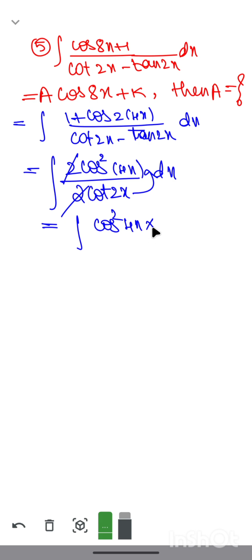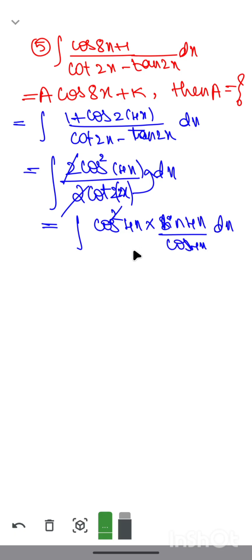Just a minute here. I guess we have rewritten the function like cot 2x minus tan 2x is equal to 2 times of cot of 2 into 2x, which is 4x. And 1 by cot can be rewritten as tan. The tan can be written as sin 4x whole divided by cos 4x into dx.